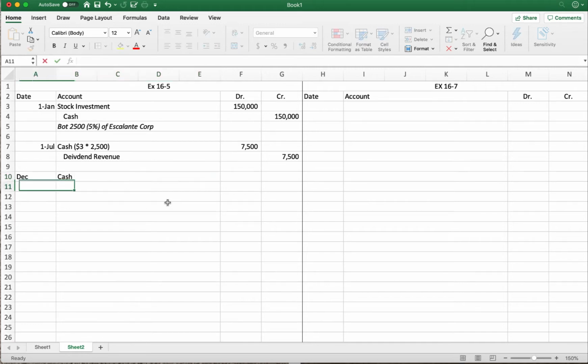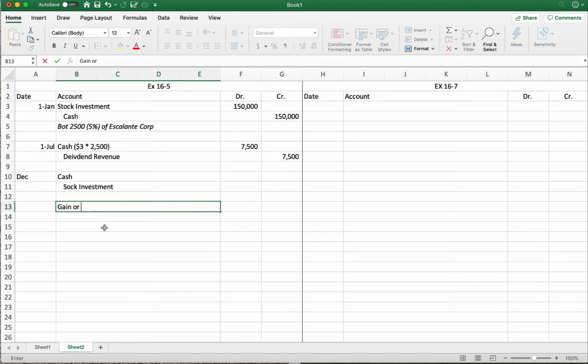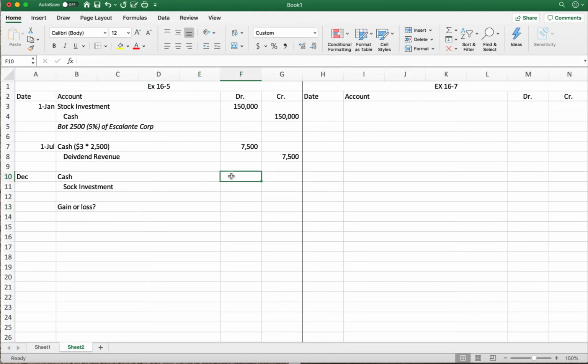We're getting cash, and we're decreasing our stock investment account. And there's probably, I'm going to skip a space here and say, gain or loss, question mark, because we don't know. We've got to calculate it. So the cash that we received, the problem tells us, is $32,000. So I'm going to debit cash for $32,000 because that's what we have coming in.